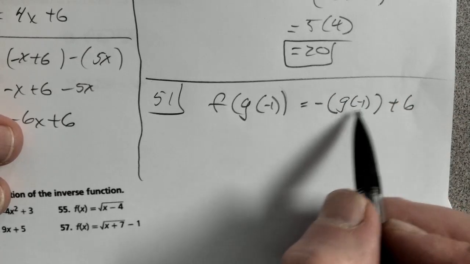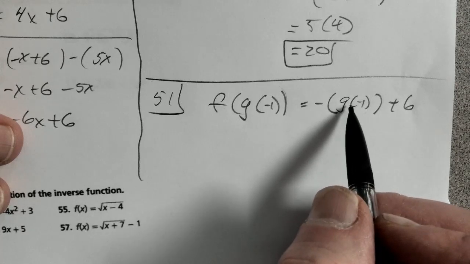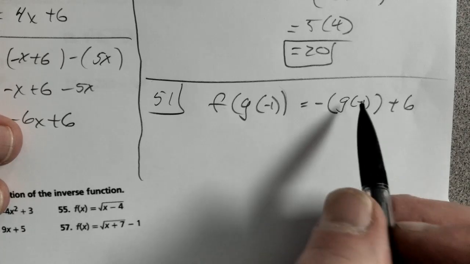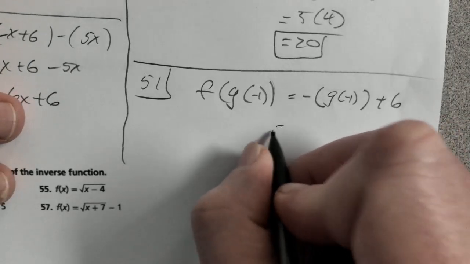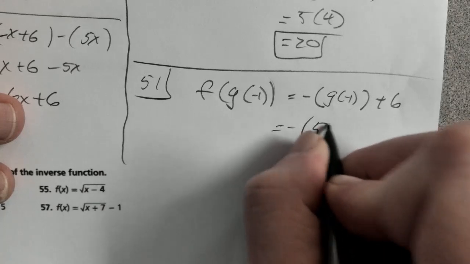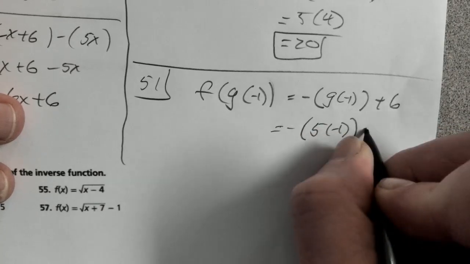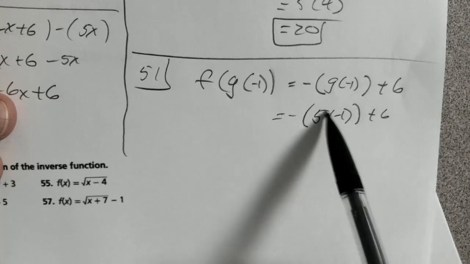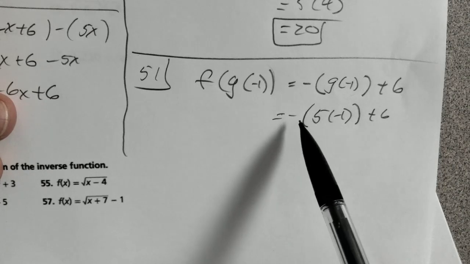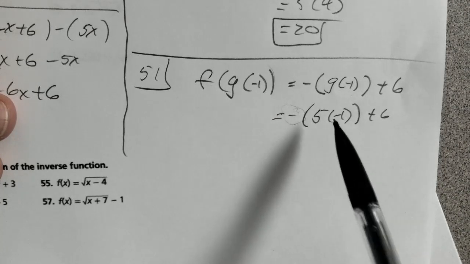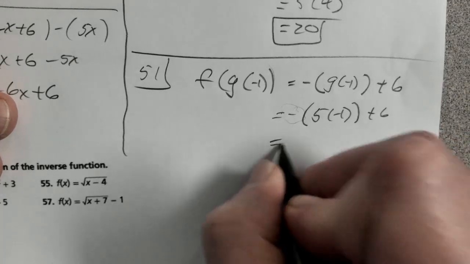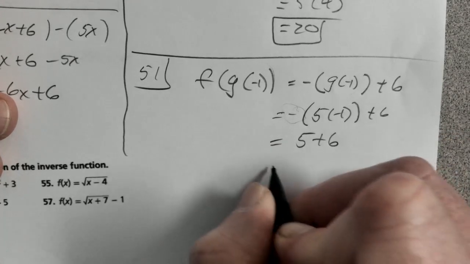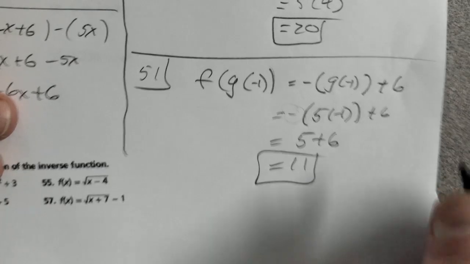Now, what is g of negative 1? 5 times negative 1, absolutely. So we end up with negative 5 times negative 1 plus 6. And to simplify that, 5 times negative 1 is negative 5. The opposite of negative 5 is 5. And 5 plus 6 is 11.